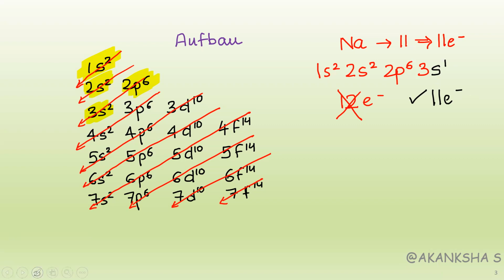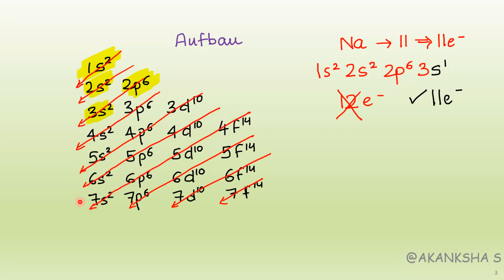So how do we go about it? Always remember, whenever you are filling in, you first start with 1s2, go to 2s2, come back, go to 2p6, follow the line, 3s2, come back, 3p6, 4s2, come back again, 3d10, 4p6, 5s2, come back, 4d10, 5p6, 6s2, again 4f14, 5d10, 6p6, 7s2.